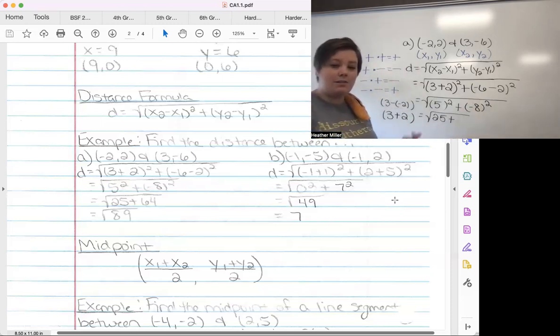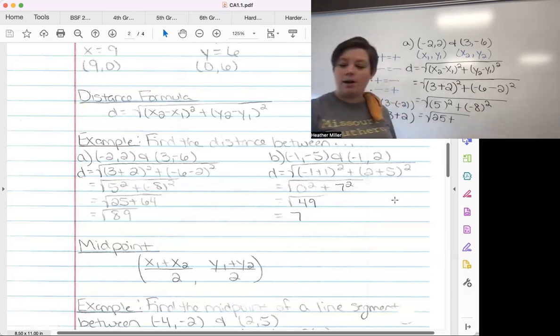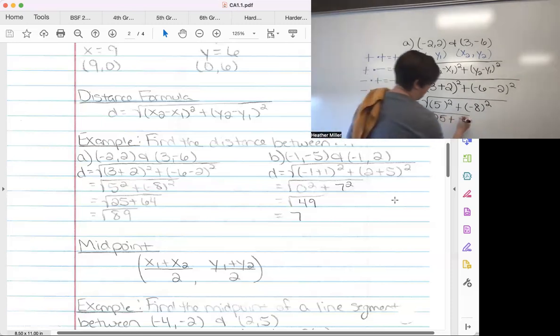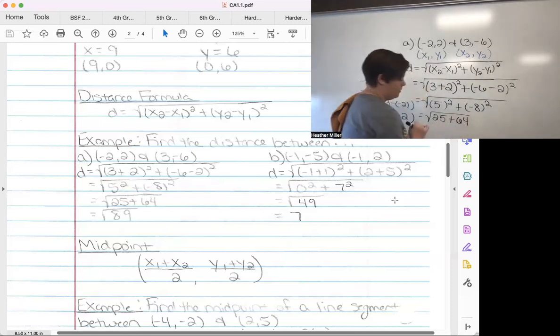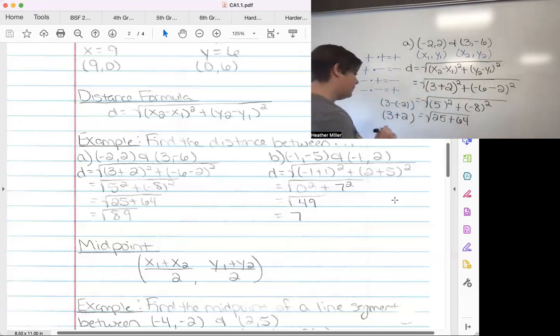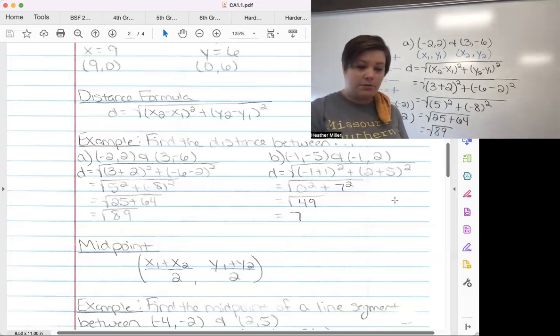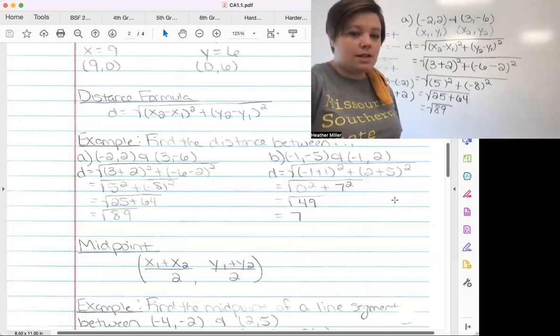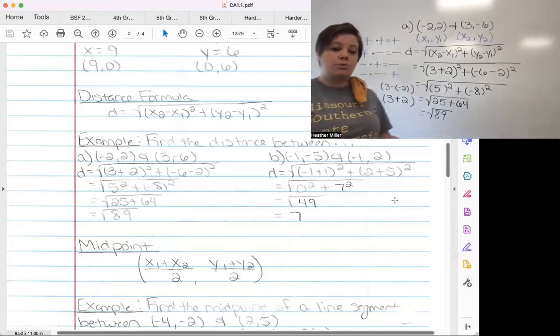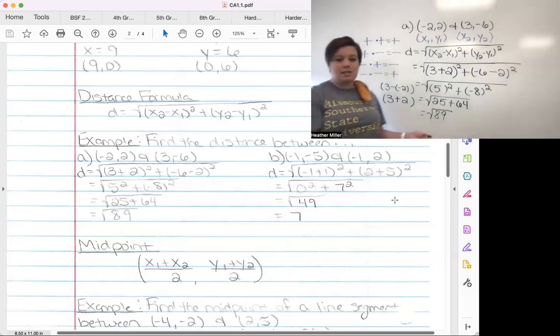That is -8 times -8, which is a positive 64. 25 plus 64 would give me the square root of 89. Now, 89 is not a perfect square. It does not contain any perfect squares. So the square root of 89 is actually the distance.